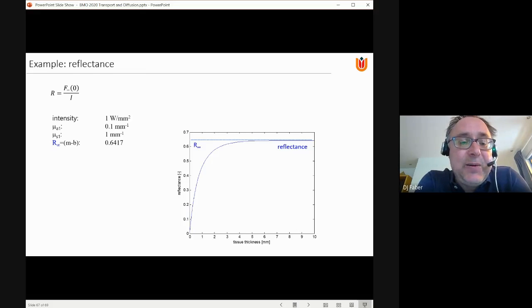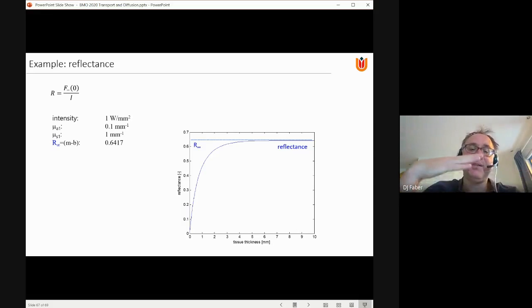And now let's take a look at the reflectivity. Again, the reflectivity is the escaping flux in the minus x direction divided by the incident intensity. What you see here is that the tissue is not 10 millimeters thick.